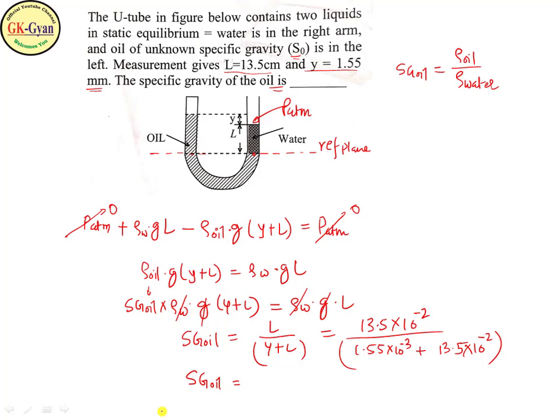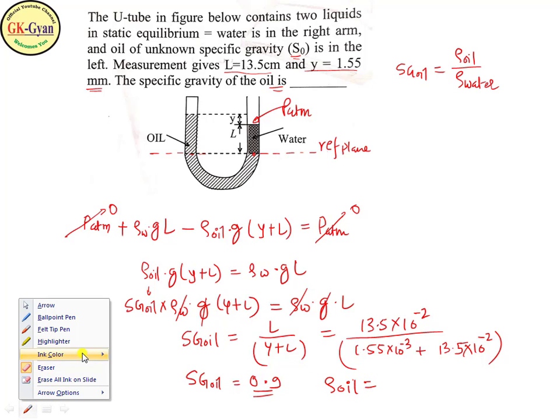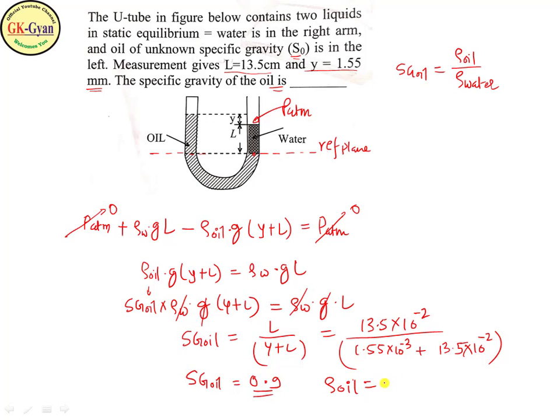What is the value? It is calculated as 0.9. So therefore the density of oil will be 0.9 into 1000, so it will be 900 kg per meter cube. Got it?